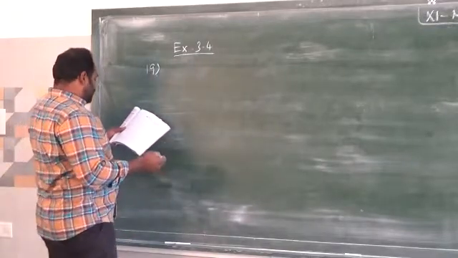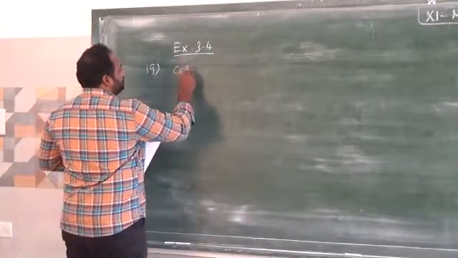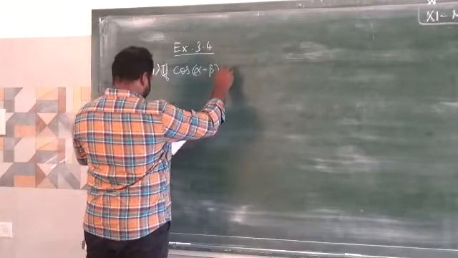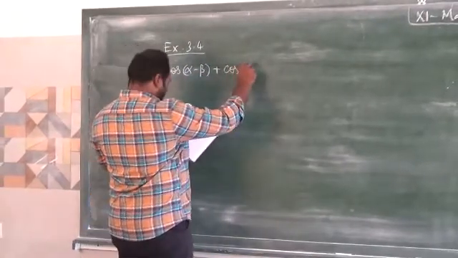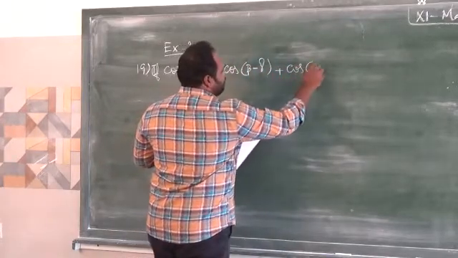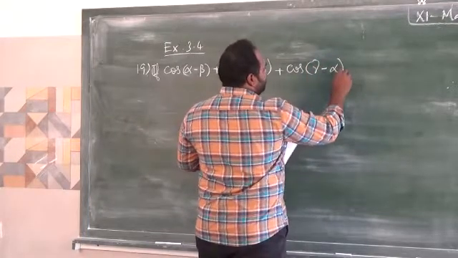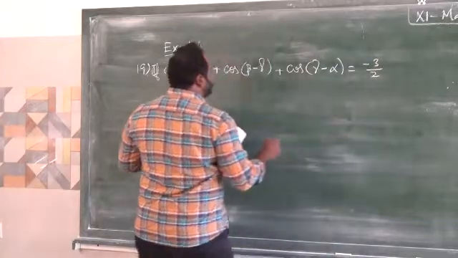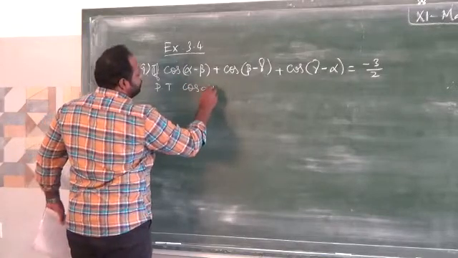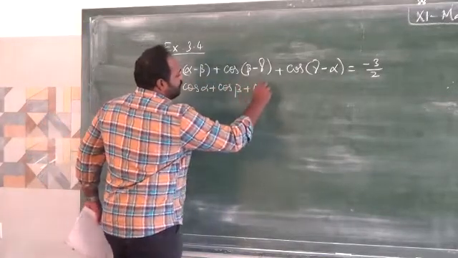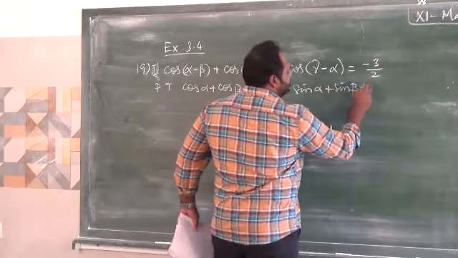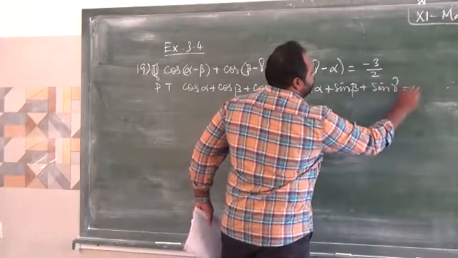If cos of alpha minus beta plus cos of beta minus gamma plus cos of gamma minus alpha equal to minus 3 by 2, then prove that cos alpha cos beta cos gamma equal to sin alpha sin beta sin gamma equal to 0.